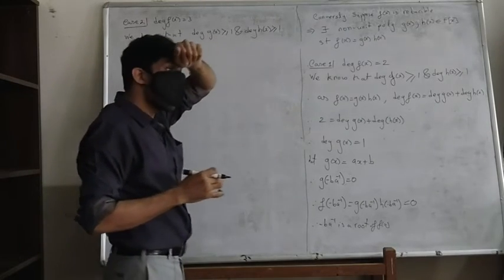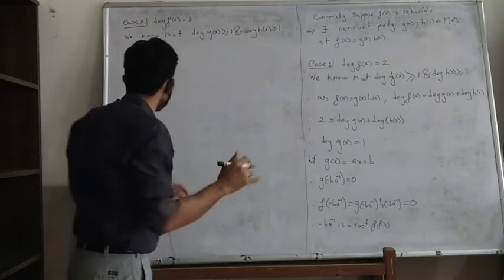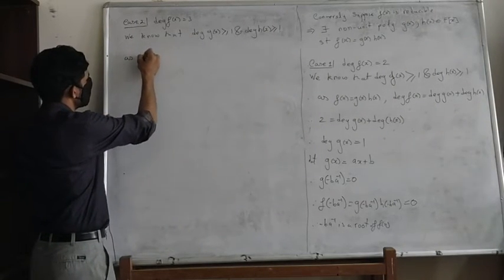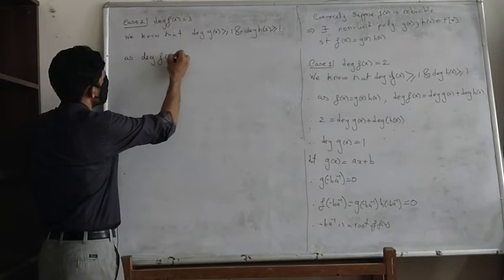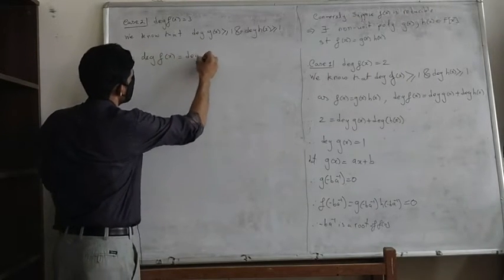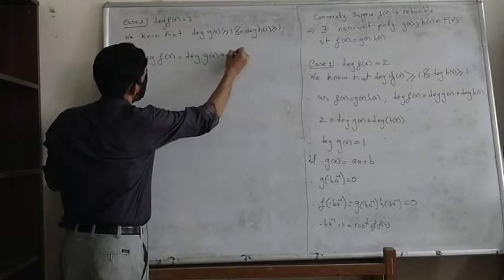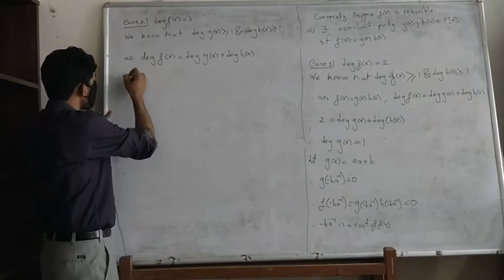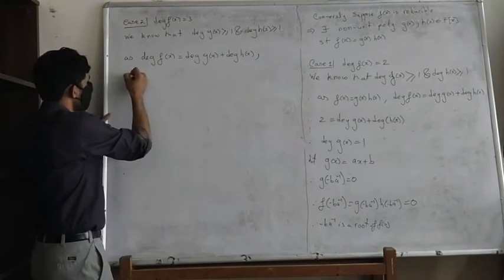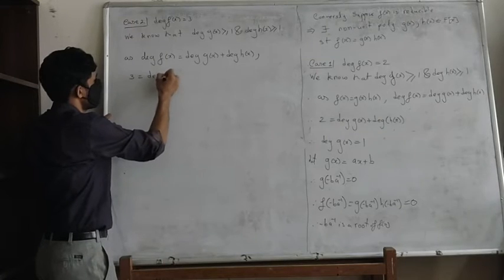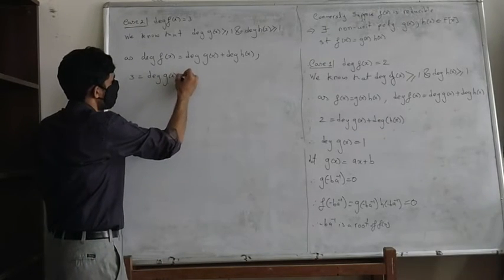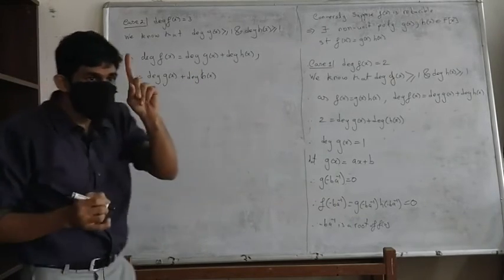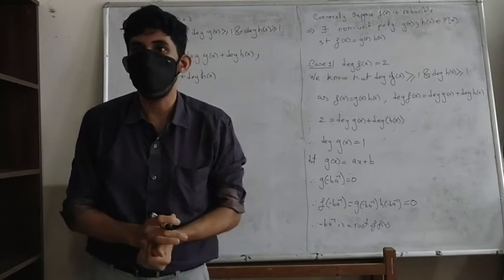Notice here that at least one of them should be of degree 1. I'll tell you why. As the degree of f is equal to the degree of g plus the degree of h, 3 should be the degree of g of x plus the degree of h of x. At least one of them should be of degree 1. Can you see why?